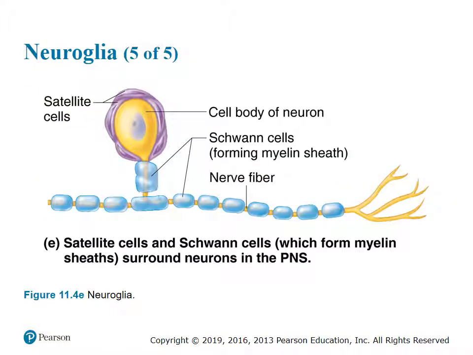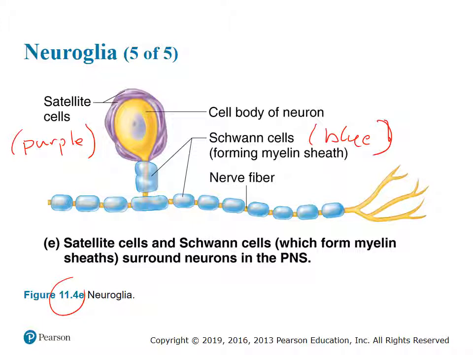Okay, so figure 11.4e shows you the purple cells, and those are satellite cells. You can see them surrounding just the cell body. And the blue cells surround the axon, the extension of the neuron.